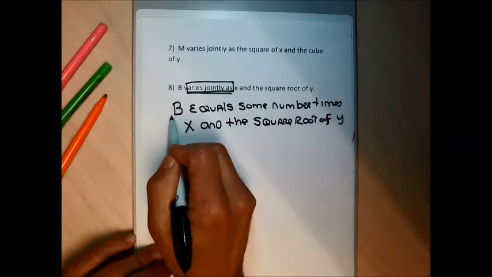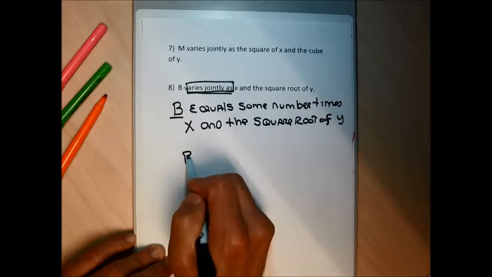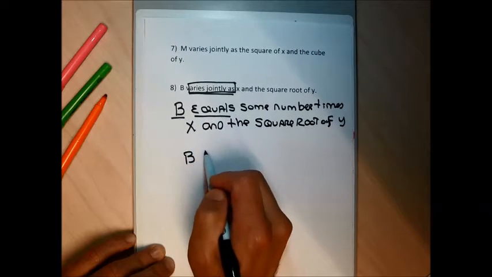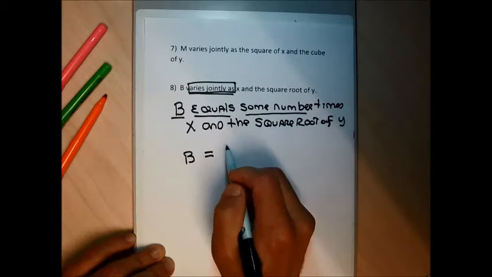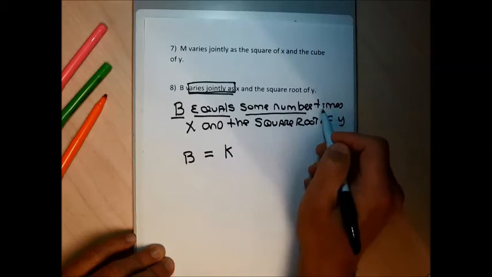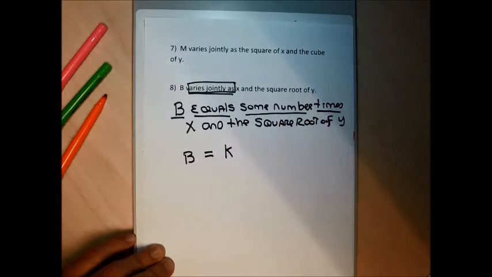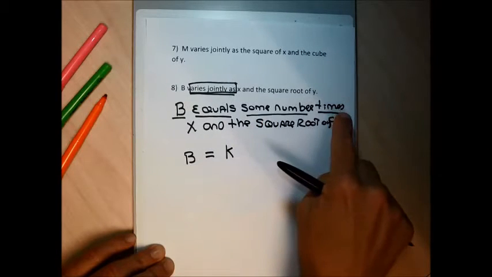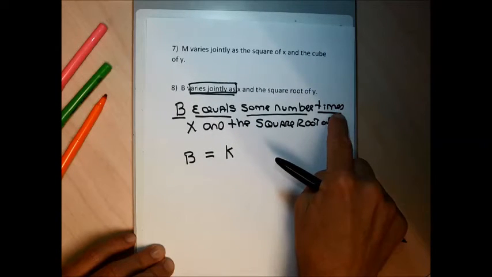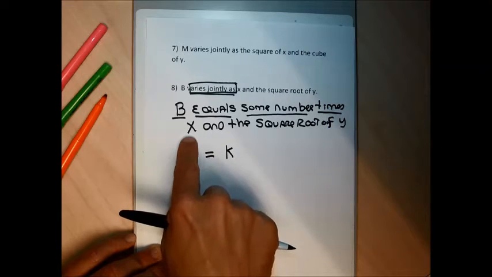The first letter I see is b, I'm going to write it. I see an equal sign, I'm going to write that equal sign. For some number, I'm going to write a k. I don't need the times sign because I'm going to put a letter after it. For the times, I'm going to leave it just the letters written next to each other to indicate the times. Then the next letter I see is x.